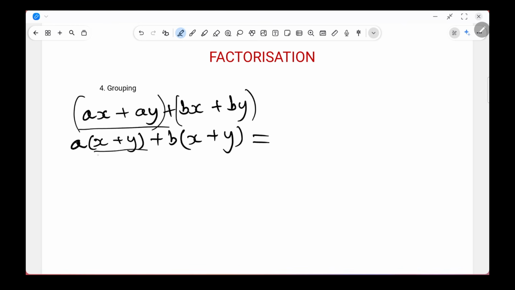When we take out x plus y as a common factor, we will be left with a plus b. It's a grouping method.